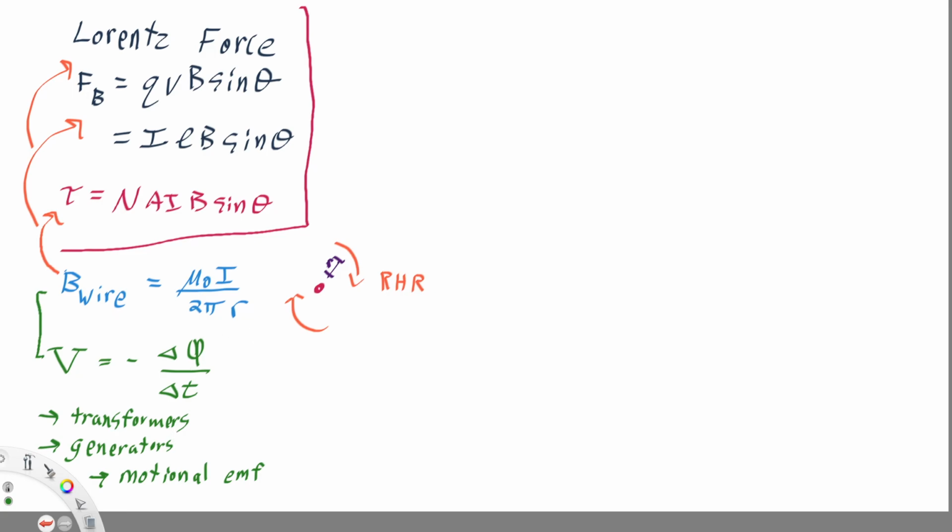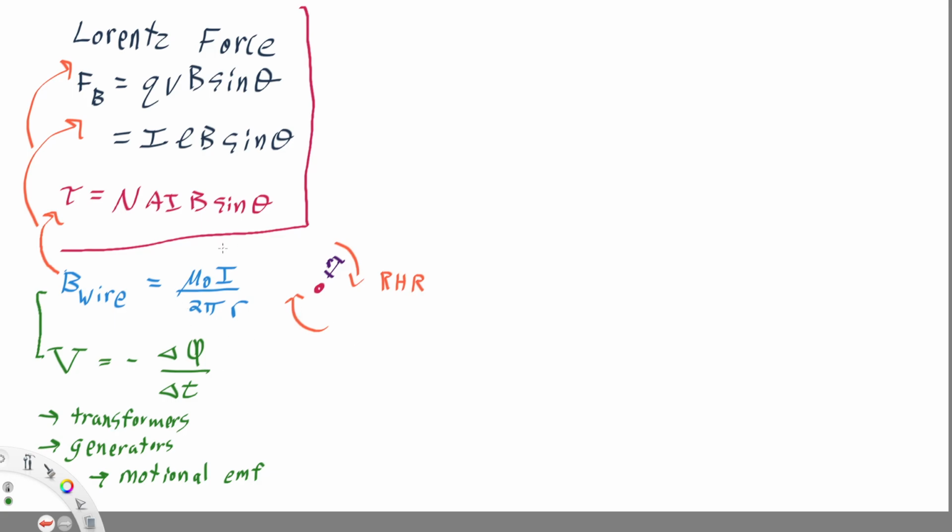What does mu stand for again? So mu is the universal constant related to magnetic fields. For electric fields, we had the permittivity of free space.